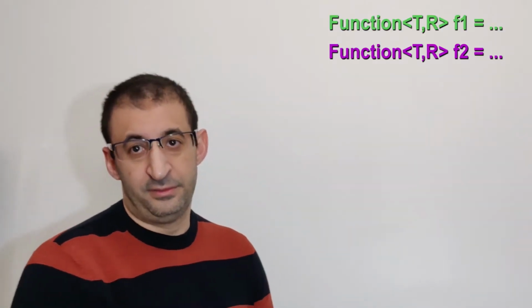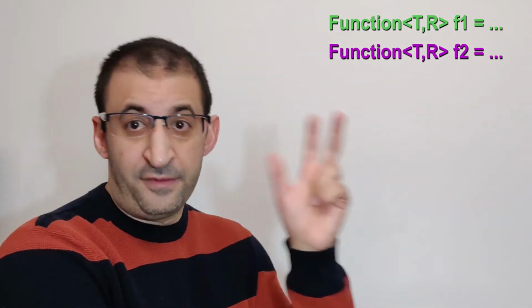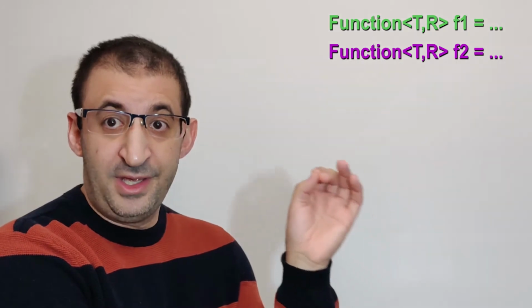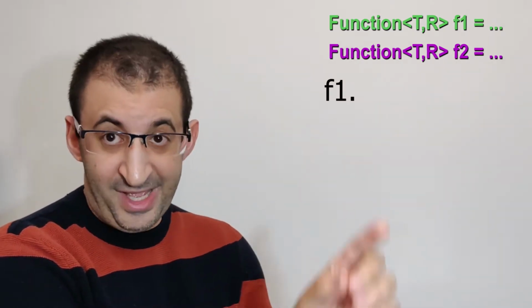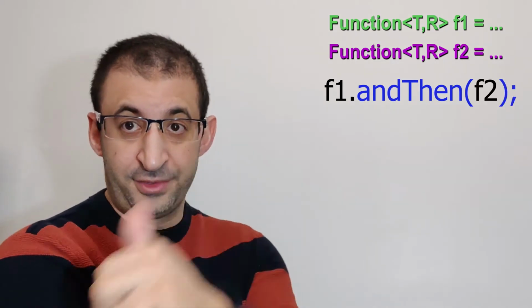So if I want to manipulate two functions at the same time, there are default methods in the function interface. We have two default methods. I have two functions, f1 and f2, for example. The first one is f1 dot andThen f2.